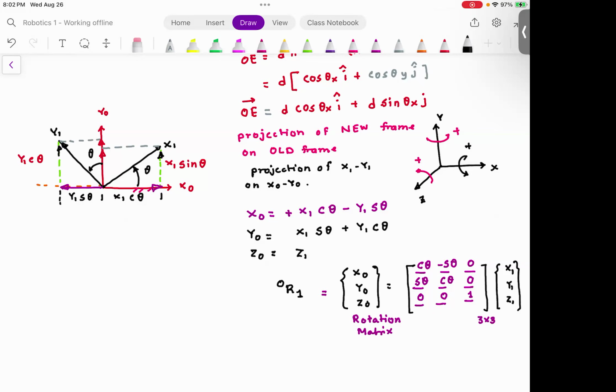In our robotics class, this is the only transformation that we are going to need when we solve forward or inverse kinematics problems. However, do you agree with me? Just like I have shown you the rotation about Z, you can have rotation about X. There could be rotation about X. What would be the difference in rotation about X?